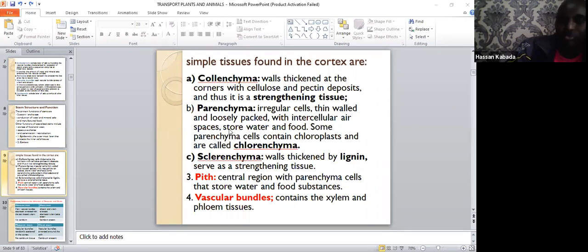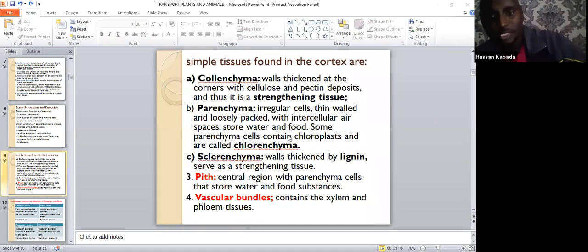That's why I mentioned gaseous exchange. Some parenchyma cells contain chloroplast and are chlorenchyma, meaning that they manufacture their own food. There are those green stems in some plants which manufacture food. Not all of them. In some, especially those in arid and semi-arid areas.